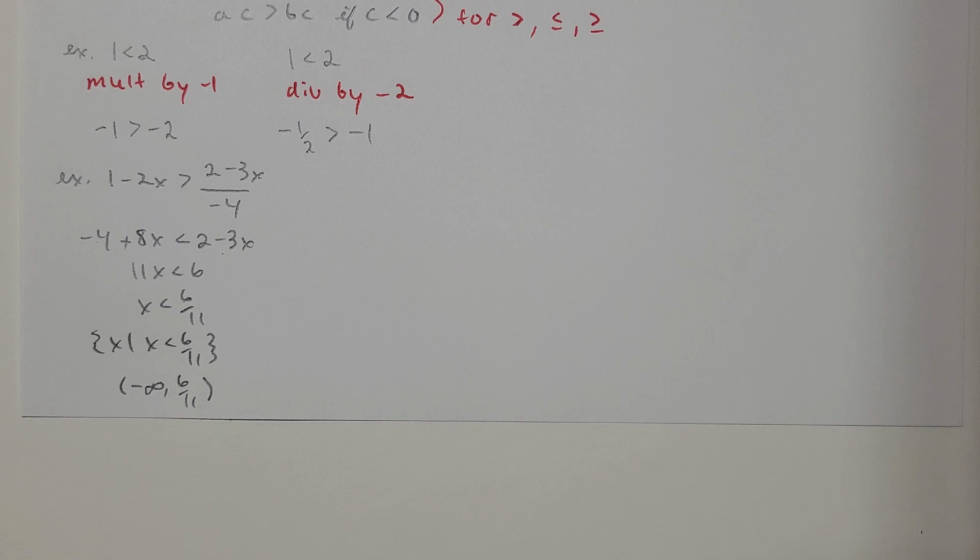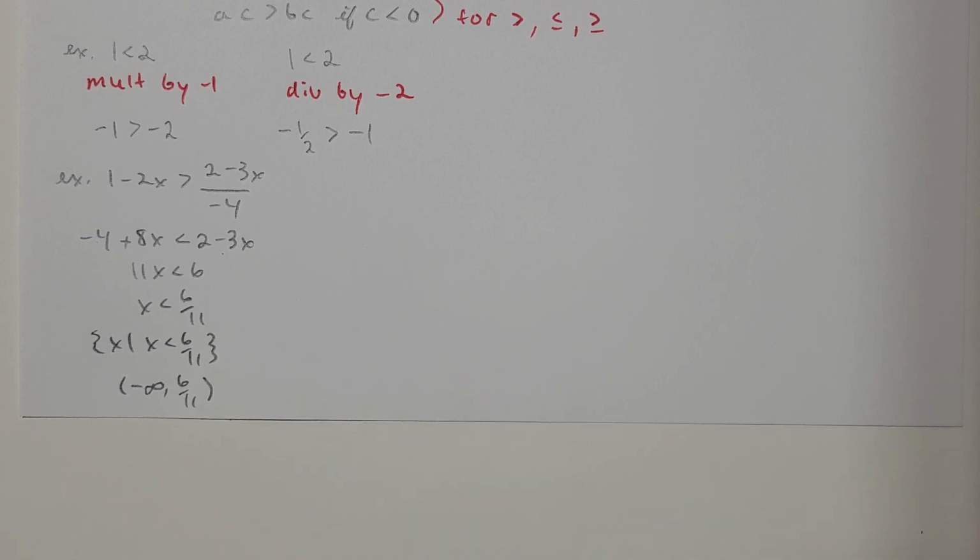So the point is to say that whenever you're solving an inequality, you have to write your answer using set notation or interval notation. I don't care which one you use, just make sure that you're using one or the other there, okay? So as a set, I'll say the set of all x such that x is less than 6/11.